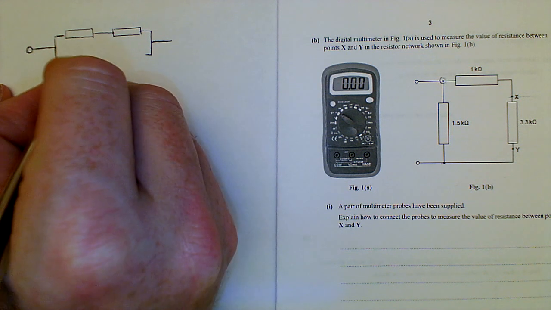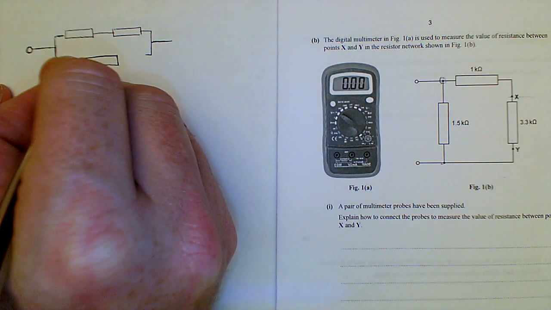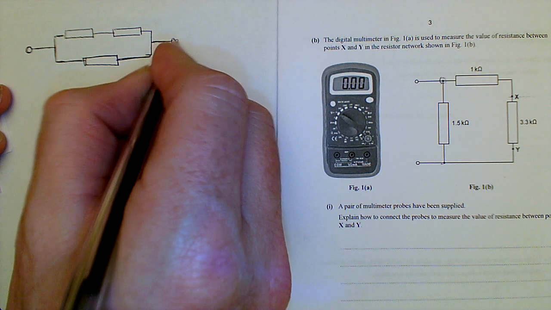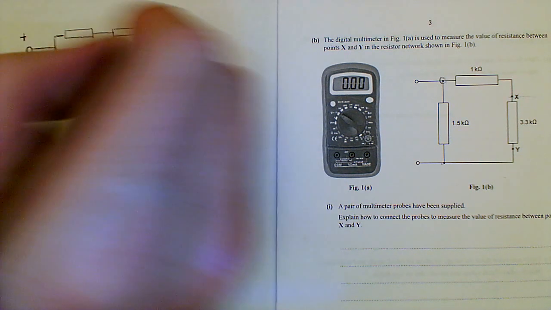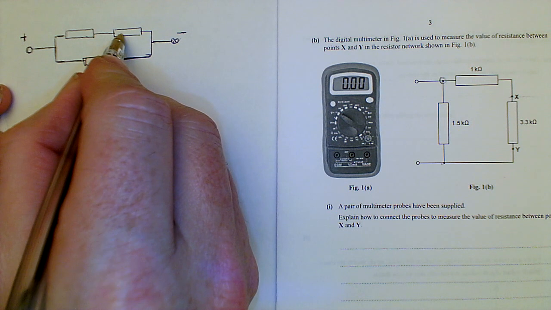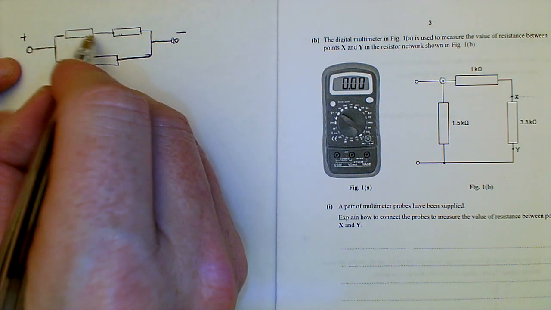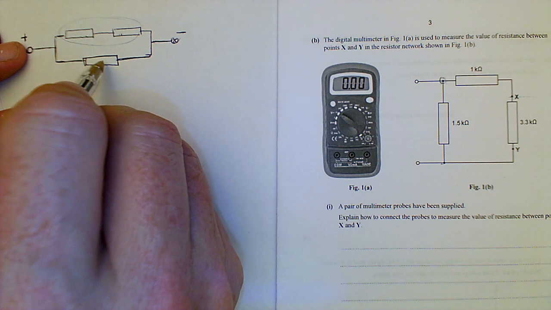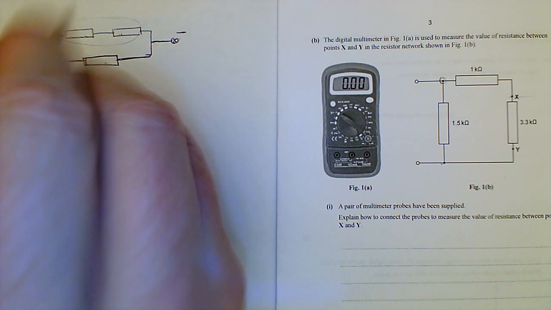So in fact, going positive to negative, I've got these two in series, one after each other, and then that combination of total is in parallel with this one.